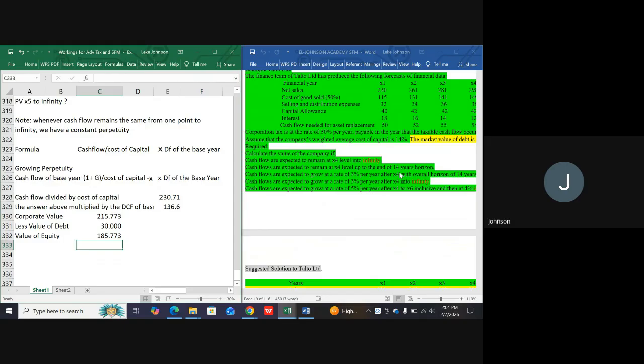But in this case, this stuff is not going to infinity. It has an end. It says to end at year 14. So that can't be a constant perpetuity. So what would the answer be? Who can tell me? Growing perpetuity. Ah, okay.